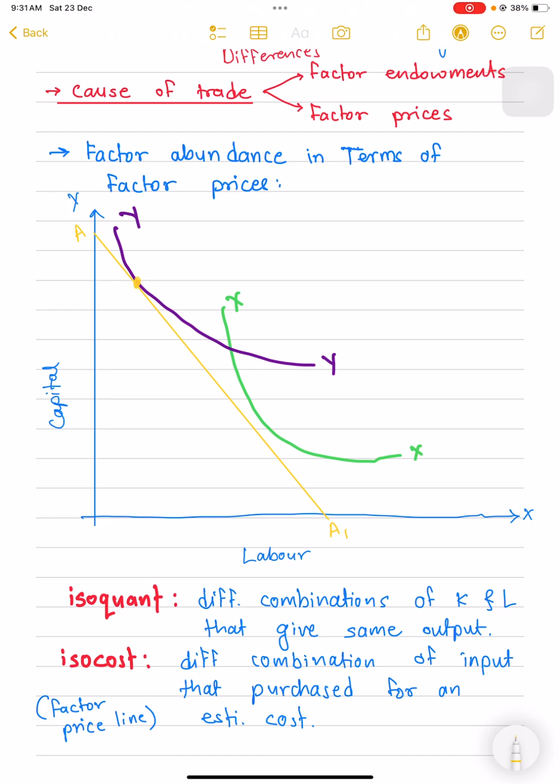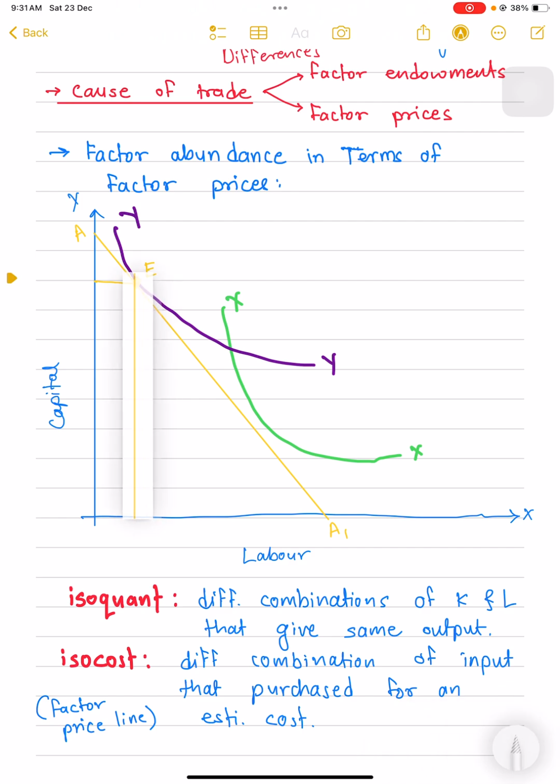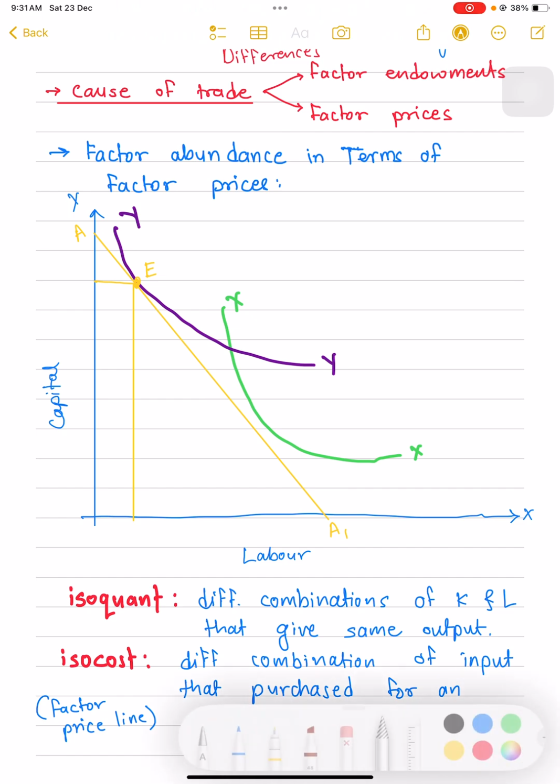In order to produce one unit of Y, we will be at point E. It will require OD amount of labor and OC amount of capital.